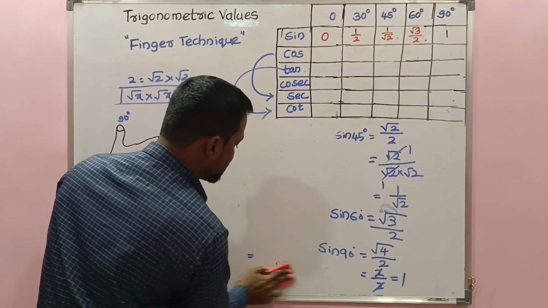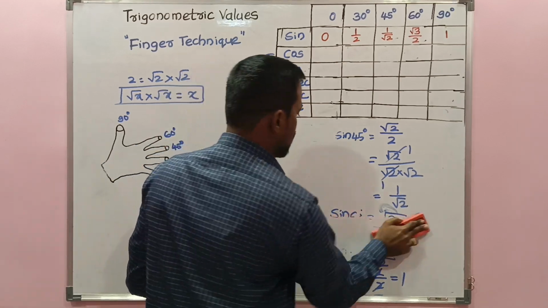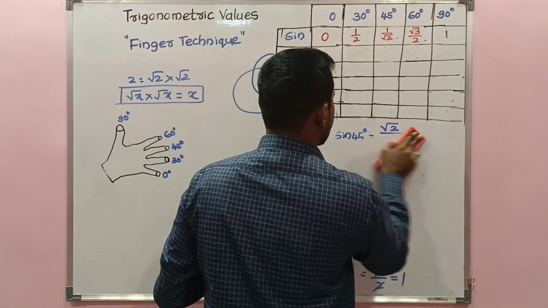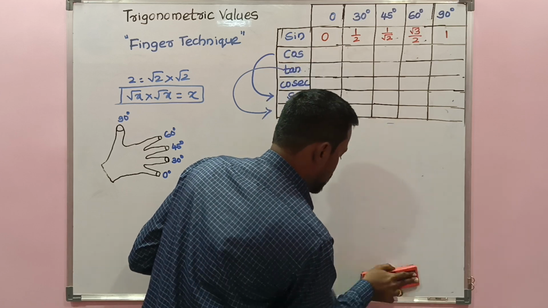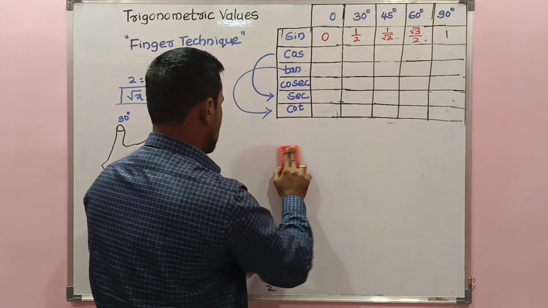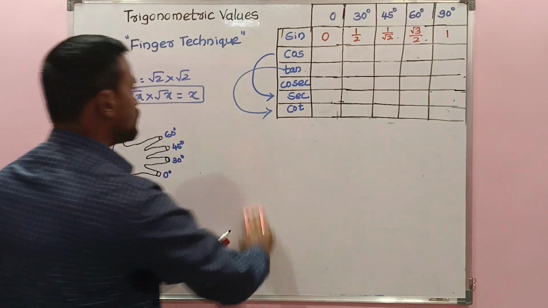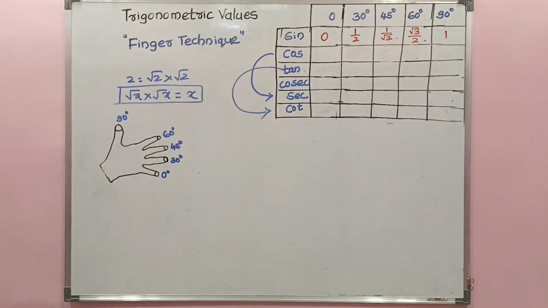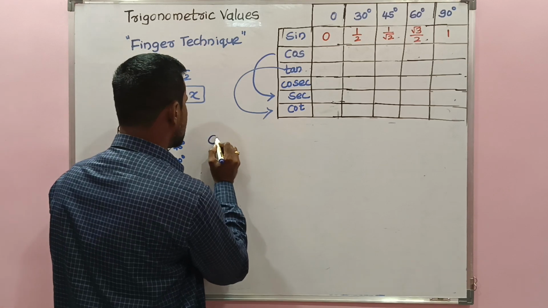Now let us try to find the same for cos theta. Now how to find cos theta trigonometric values?